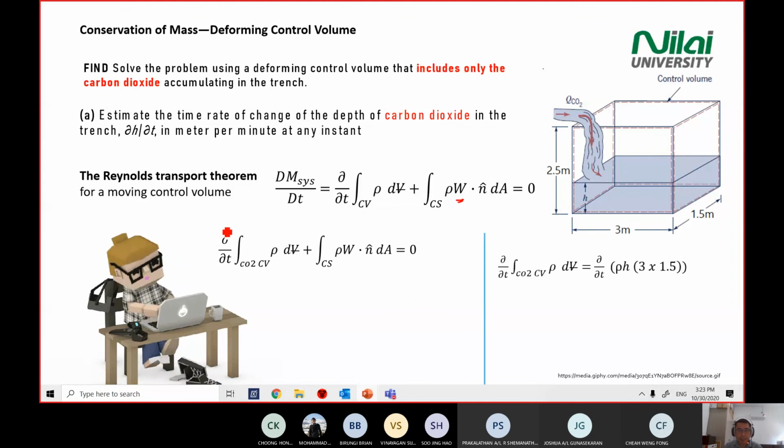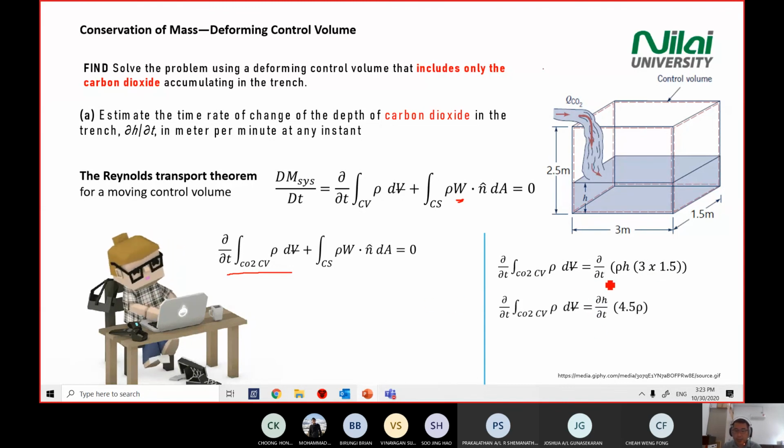Okay, we make some small calculation for the first section first. We look at this section first on the left-hand side here. So del over del T for your CO2 equals del over del T of rho times H times the base 3 times 1.5, because only the H is changing here.